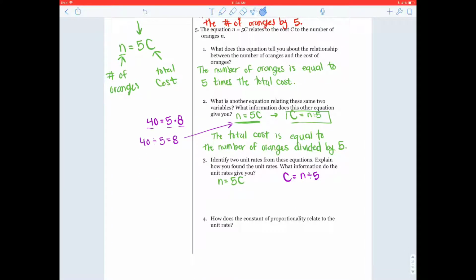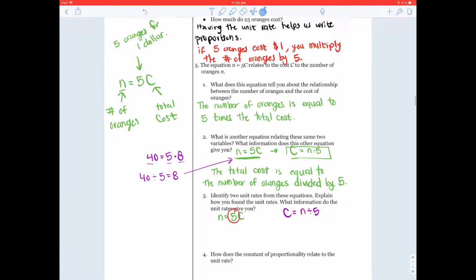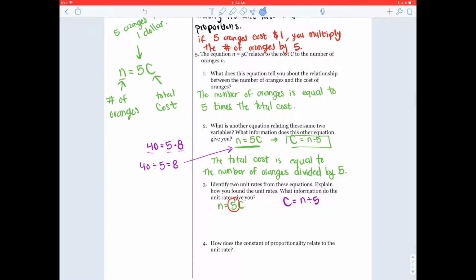How in the world are we going to find some unit rates here? Well, what did this 5 represent again? We said that this 5 was 5 oranges for $1. That's our first unit rate.